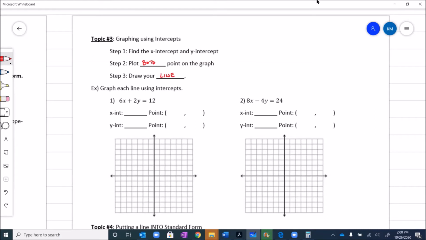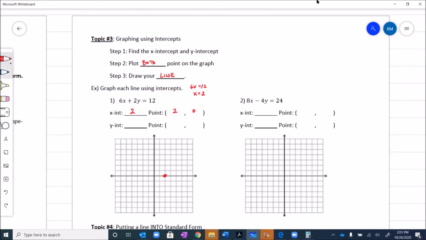I'm going to find my x-intercept just like I did before. So 6x, plug 0 in for y. 6x equals 12. Divide by 6. X equals 2. So my x-intercept is at 2, 0. Got to be extra careful that you're placing these points where they belong.